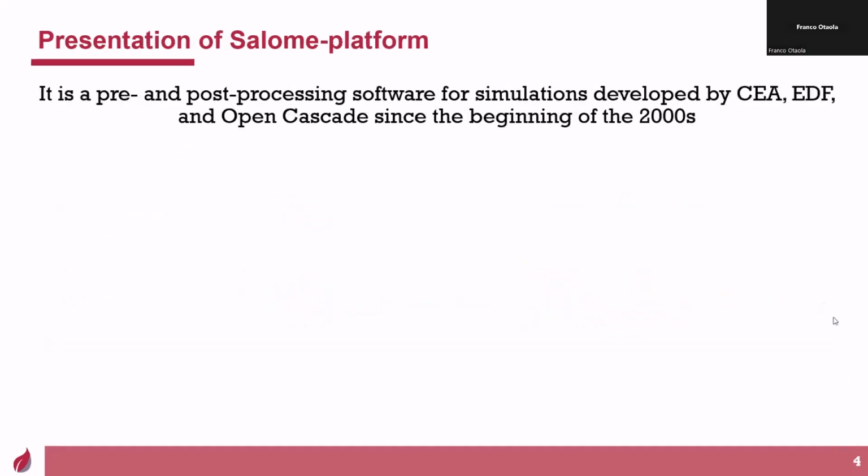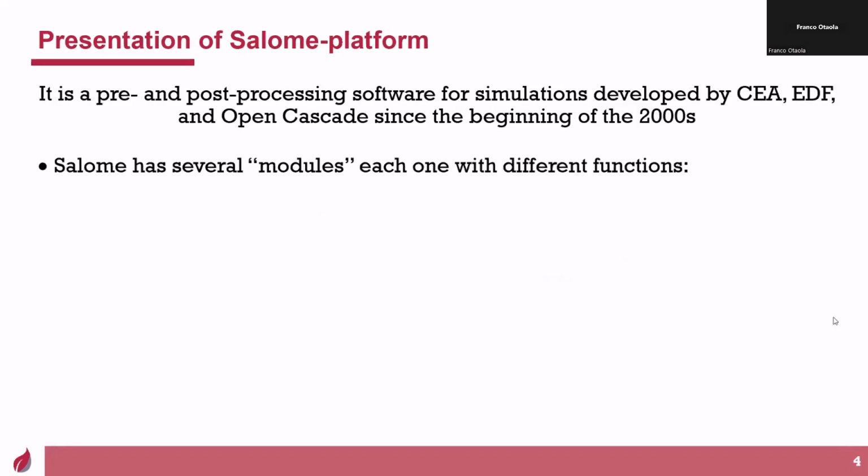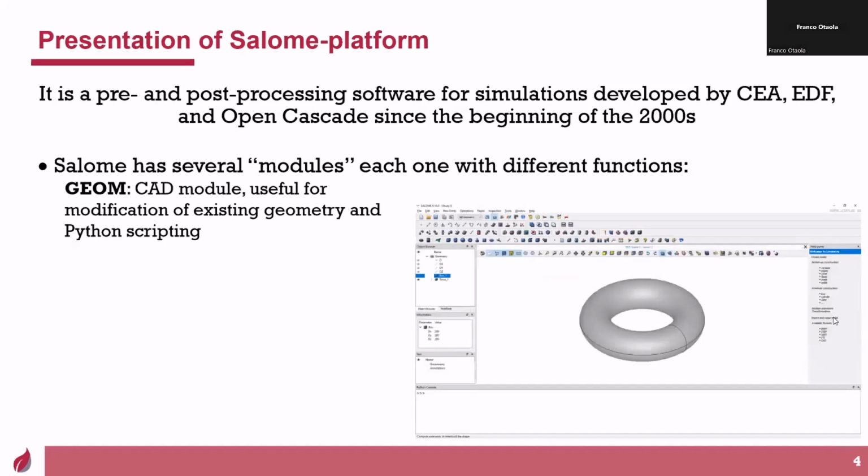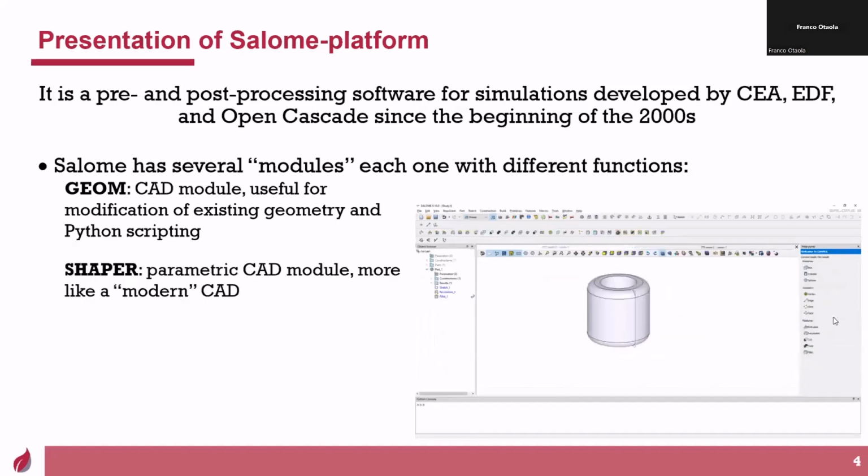This software is a pre and post processing software developed by CEA, EDF, and OpenCascade, and it has several different modules with different functions. Mainly for us, four interest us. Geom, which we use to clean geometries.